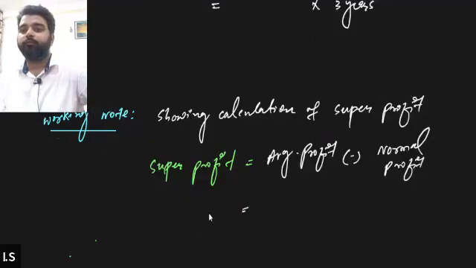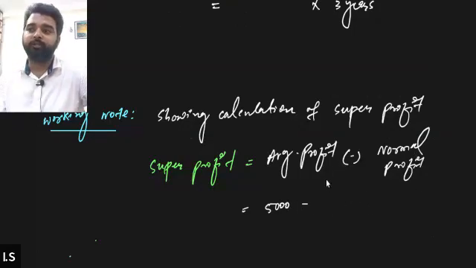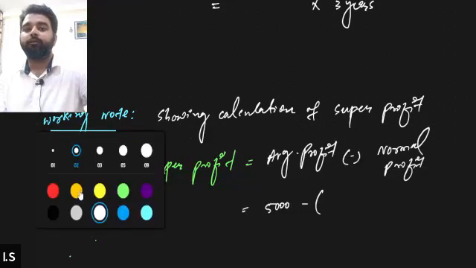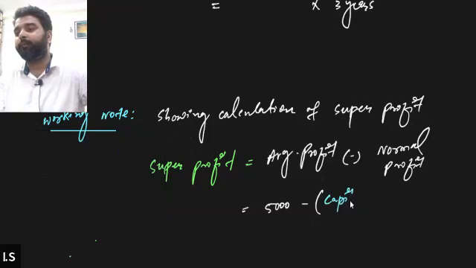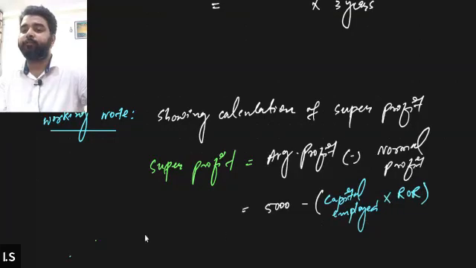So here we can take the average profit as 5,000. Now we need to subtract the normal profit, but normal profit is not given in the question, and I have told you that normal profit can be calculated by applying this formula. For finding out the normal profit, we multiply the capital employed with the rate of return, or the return on investment.